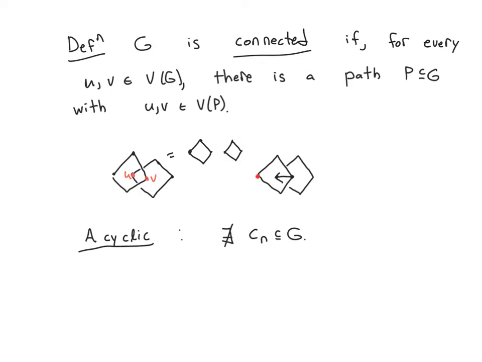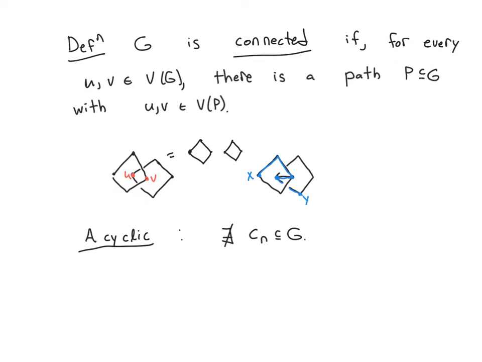And if you have a vertex on the left and a vertex on the right, there's a path between them because you can go, say, if I pick X here and Y here, I could first go to V, go across that edge I created, and then go down to Y. So this is a connected graph.